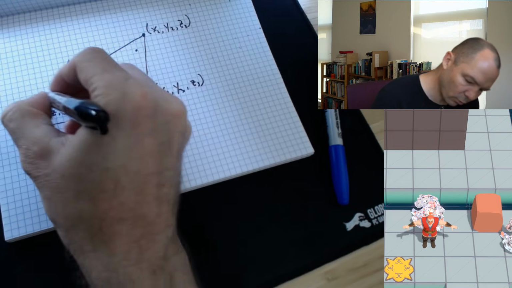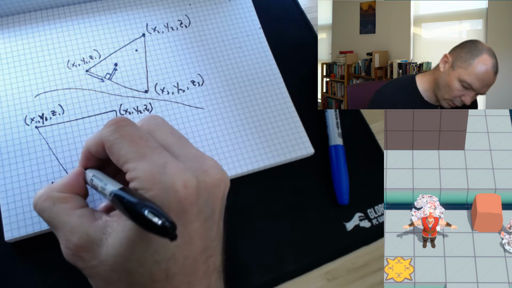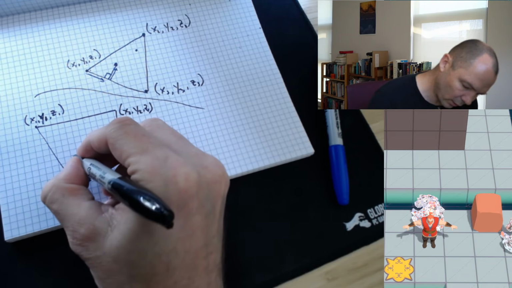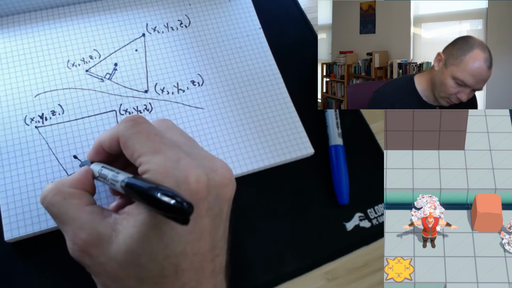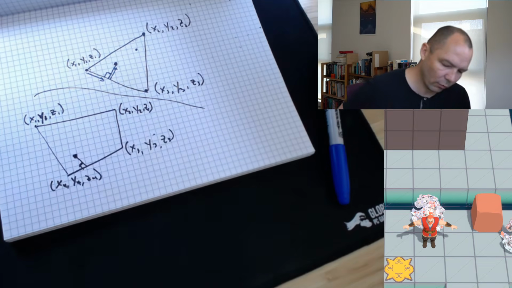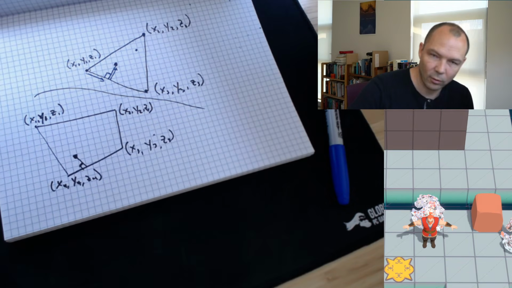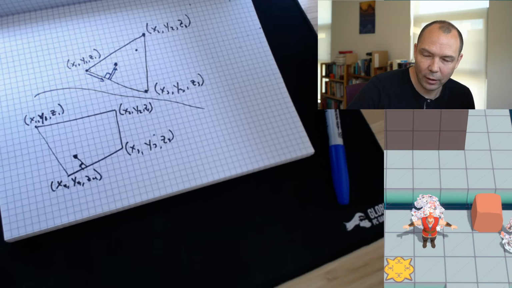If I ask you, okay, we have a point here, I really didn't draw that as a right angle, but what are the coordinates of this point in space? You can't actually answer that question with the information given, because it's ill-defined.